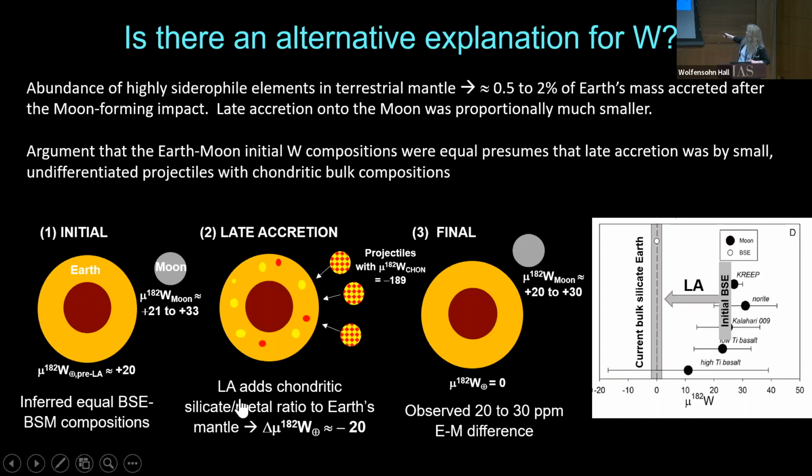In other words, the bulk silicate Earth was originally here. The late accretion of the small undifferentiated chondritic composition material brought it over here and generated the difference that we see today.